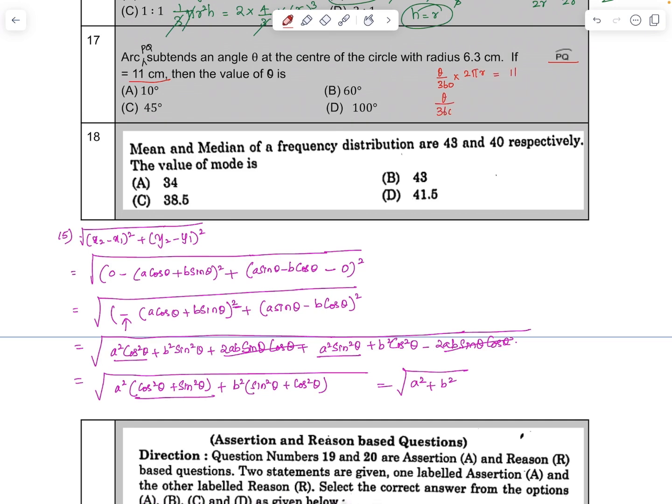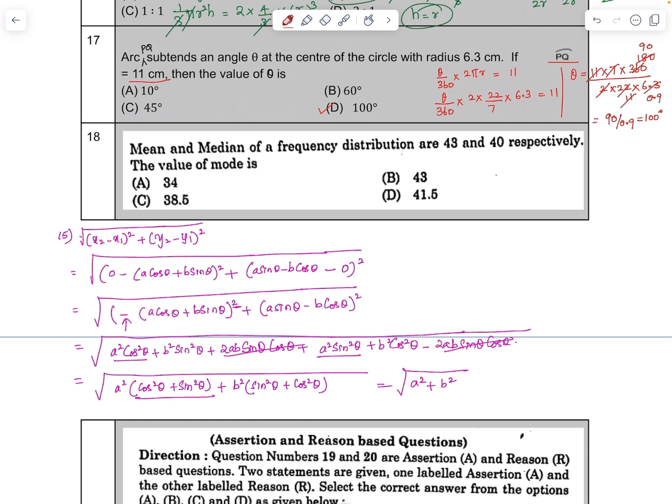So theta upon 360 into 2 into 22 upon 7 into 6.3 is equal to 11. That is theta is equal to 11 into 7 into 360 upon 2 into 22 into 6.3. On simplifying, we get 90 upon 0.9, which is 100 degrees. So the answer is option D.